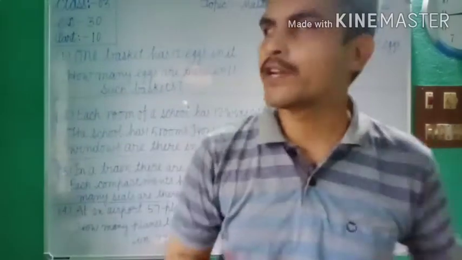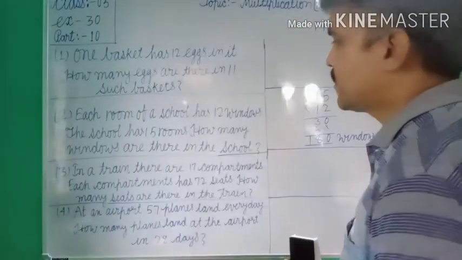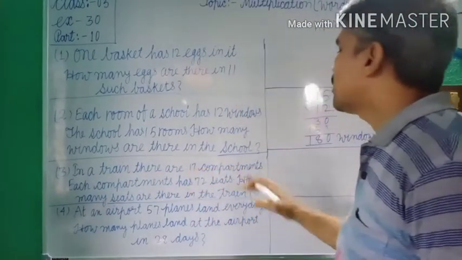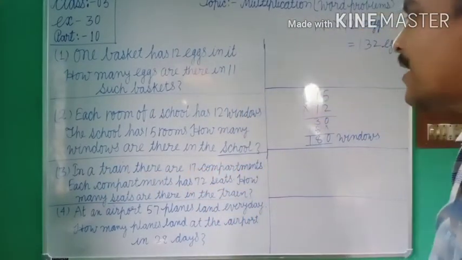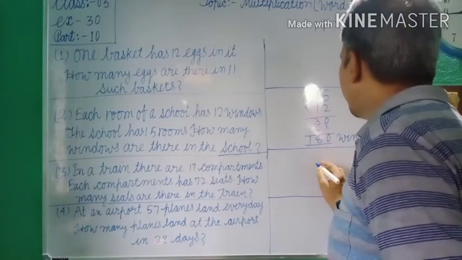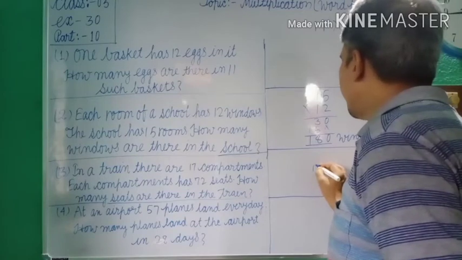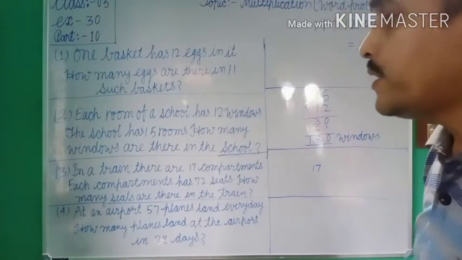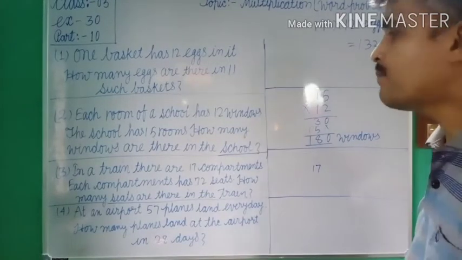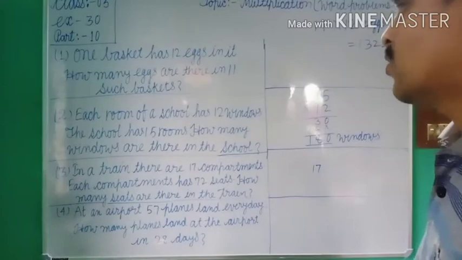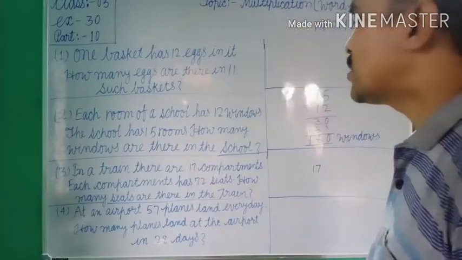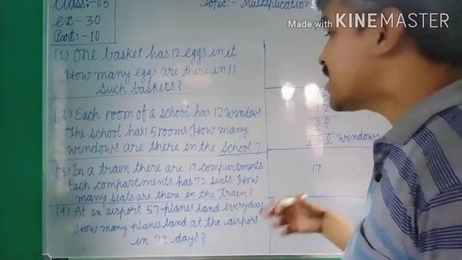Third question: in a train, you see the trains at railway stations. In a train there are 17 compartments. How many compartments in a train? 17 compartments. And each compartment has 72 seats. How many seats are there in the train? One compartment has 72 seats, so 17 compartments have more seats.